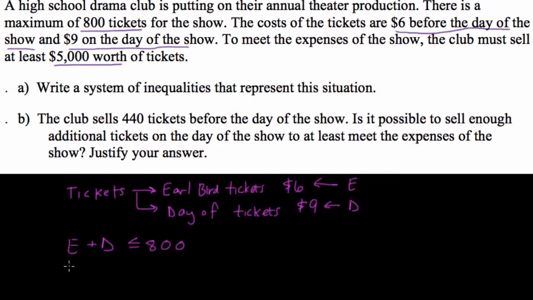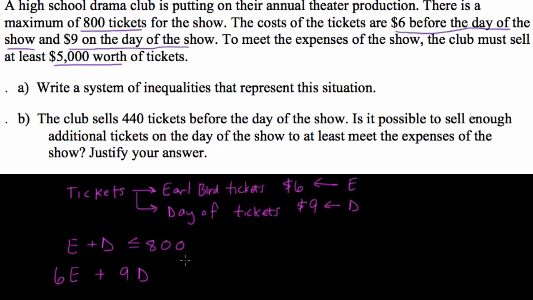The next thing is that the early bird tickets are $6 each. So for each early bird ticket we sell, we make $6. And for each day of ticket we sell, we make $9, so 9 times D. And we know that the show wants to make at least $5,000 worth of tickets.